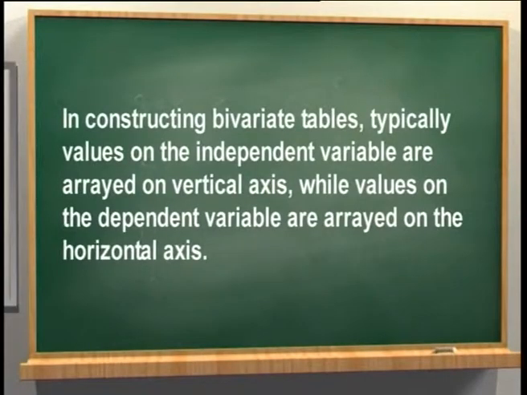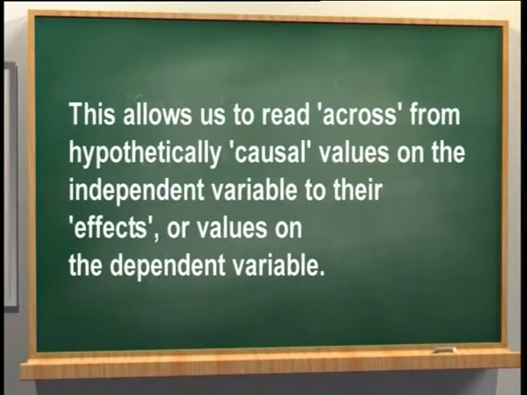In constructing bivariate tables, typically values on the independent variable are arrayed on the vertical axis, while values of the dependent variable are arrayed on the horizontal axis. This allows us to read across from hypothetically causal values on the independent variable to their effects or values on the dependent variable.